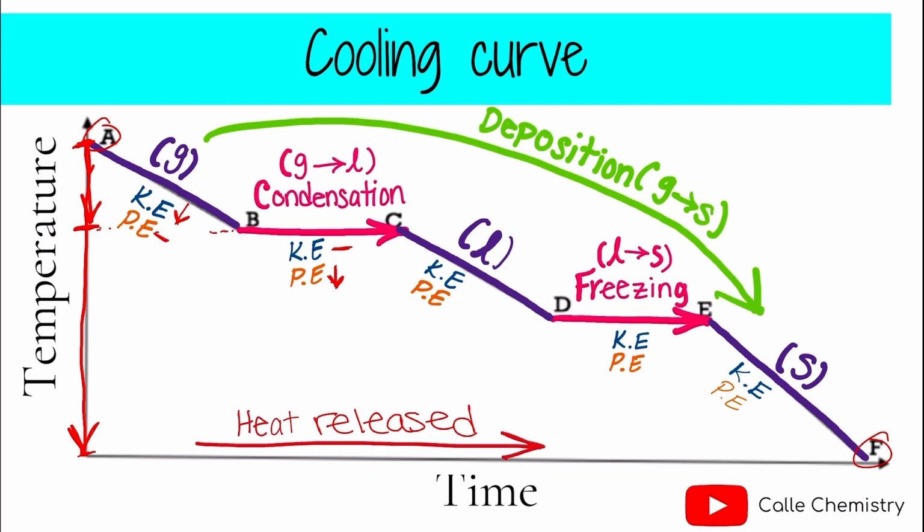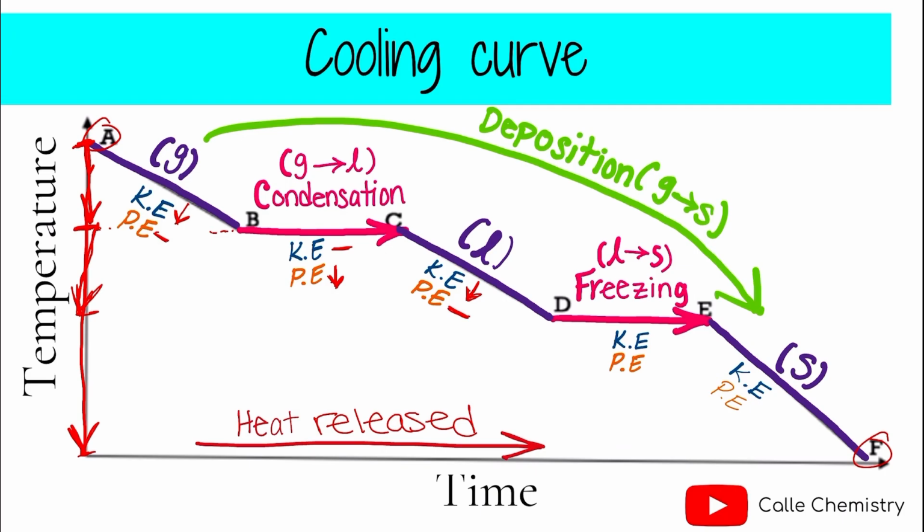If we go to the next one, CD, the temperature once again is decreasing. It's going down. So kinetic energy is decreasing. Potential energy is remaining constant. Going to the freezing point from liquid to solid.